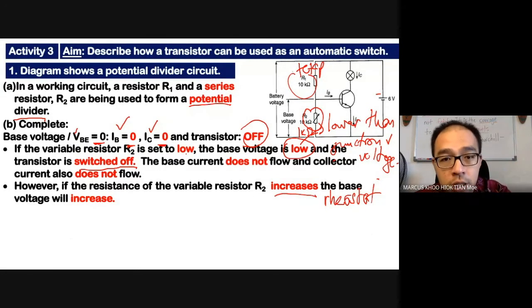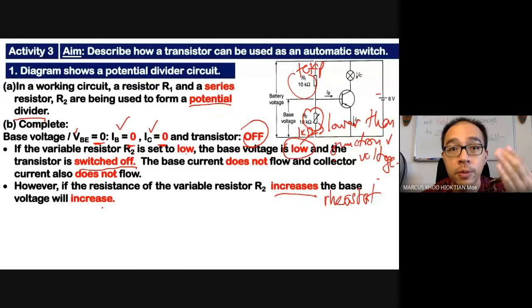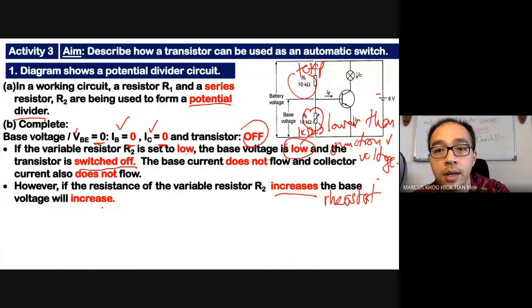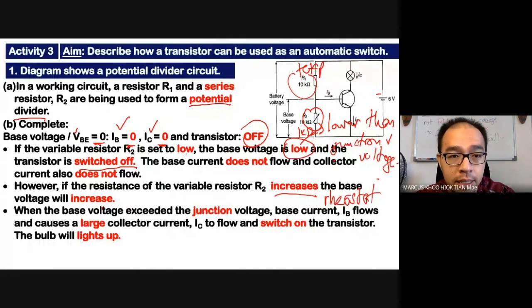So if you change the resistance and you increase, the base voltage will increase. The relationship we saw just now. R is directly proportional to V. Okay, so increase the resistance, the voltage will have to increase because you need more voltage to pass through the resistance. Okay, now this is the key point.